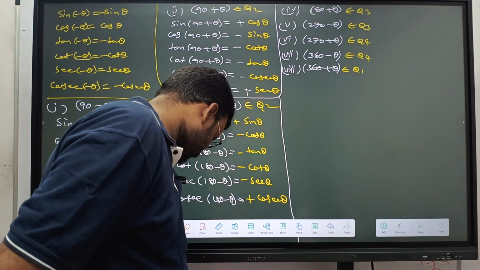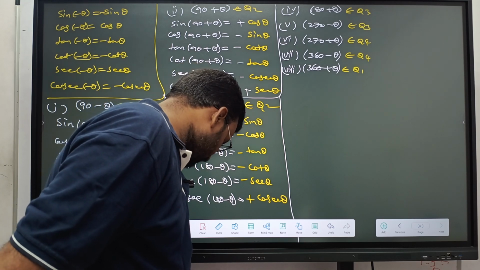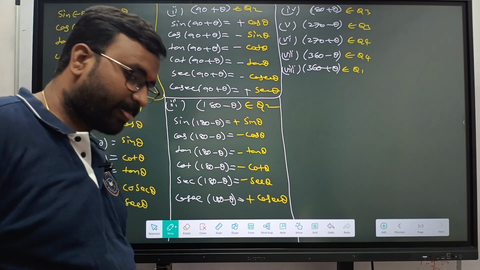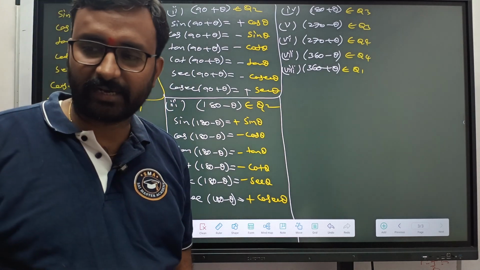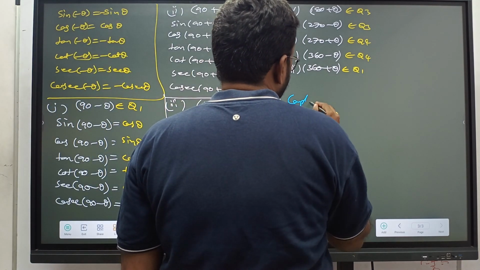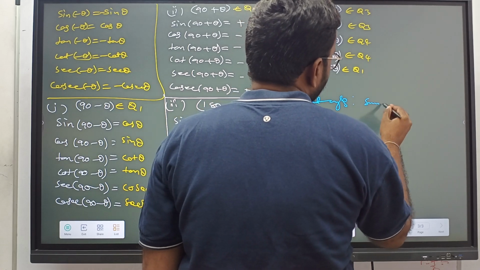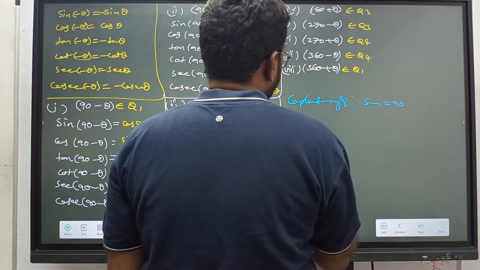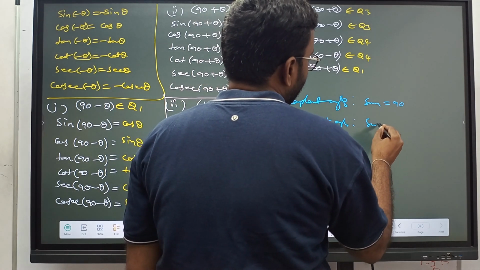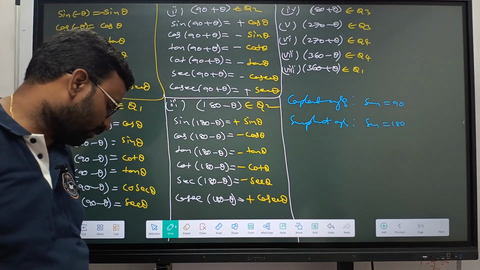You have page number 228. Open page number 228. And you know complement angles and supplementary angles. Complement angles means the sum will be 90. Supplementary angles, the sum will be 180, remember. See here, they solved problems.